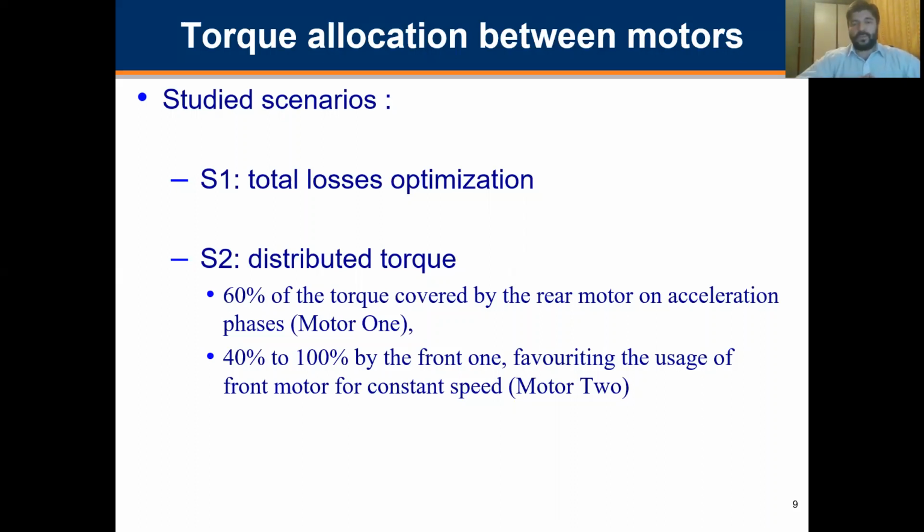So we tried to use both motors, and for acceleration phases, motor 1, the rear motor, had more involvement than the front motor, with 60% of the torque covered by this motor. And for the constant speed phases, the front motor, motor 2, was used more.